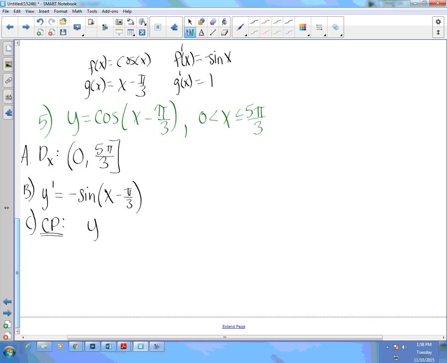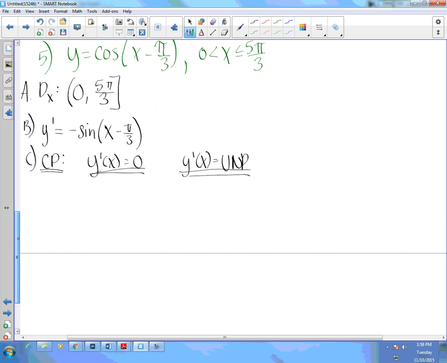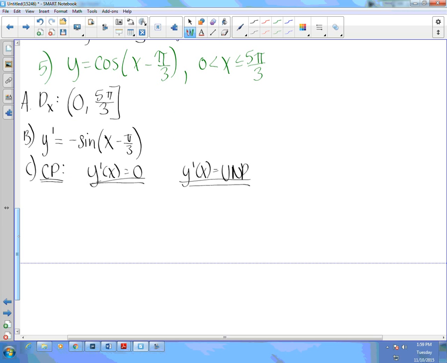When y prime of x equals 0, and when y prime of x is undefined. Now let's think of the cosine function. Is it ever undefined? No, never.